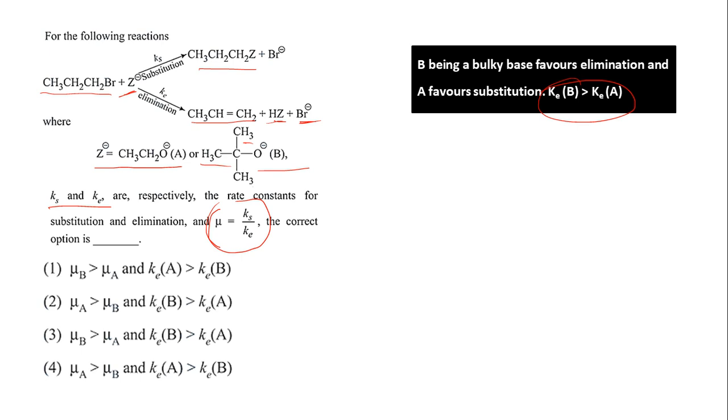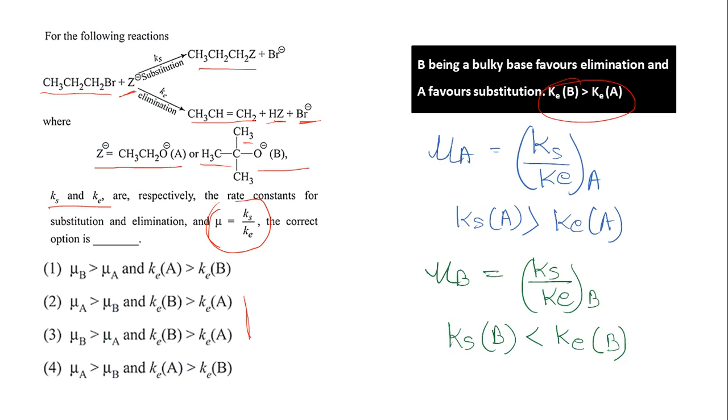Now KeB greater than KeA, that you can find in these 2 options, but we have to cancel any one of these 2. So for that, next what to do? So mu A is basically the ratio of Ks divided by Ke, and I have also mentioned A. In this case, KsA, that is this factor, is greater than this one. So that is why overall mu A, this ratio, will be greater than 1, right?